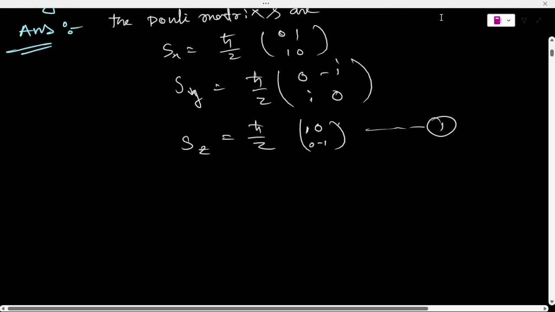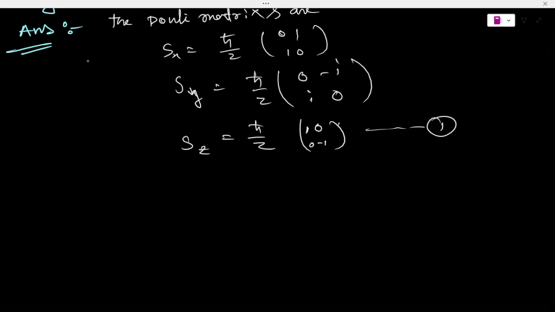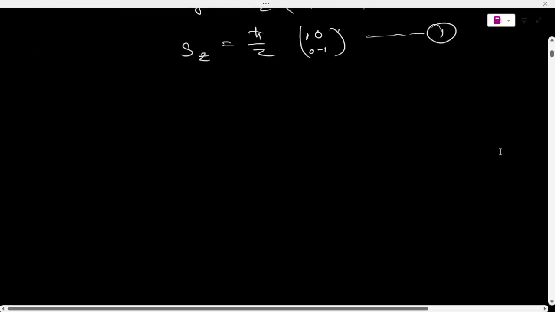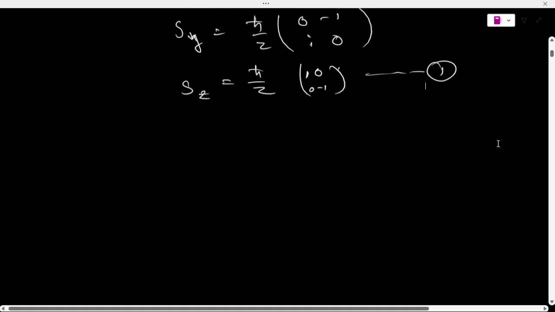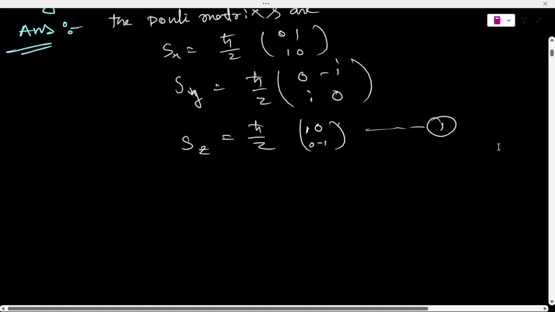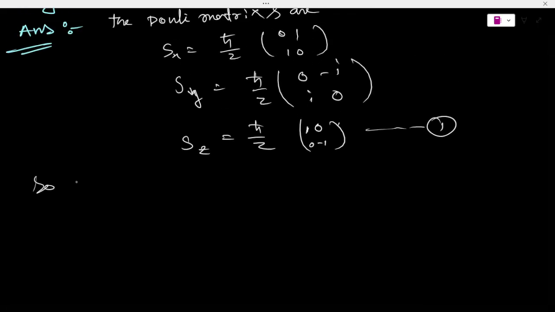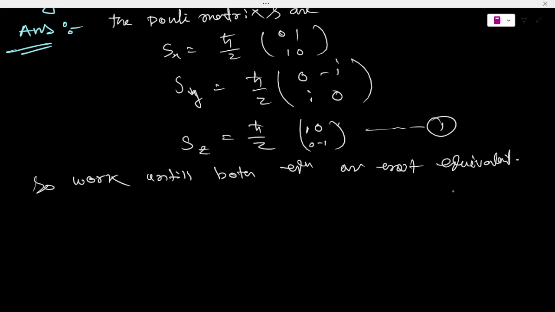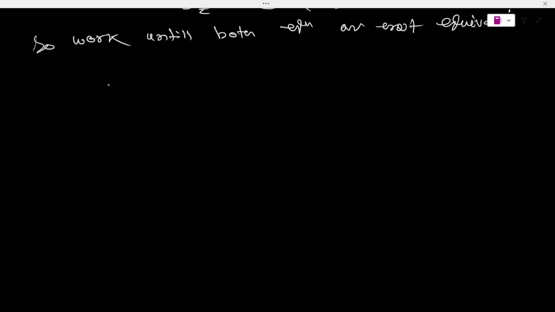We work on these until their equivalence, until both equations are equivalent.